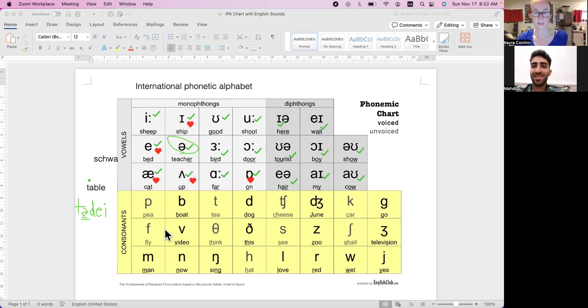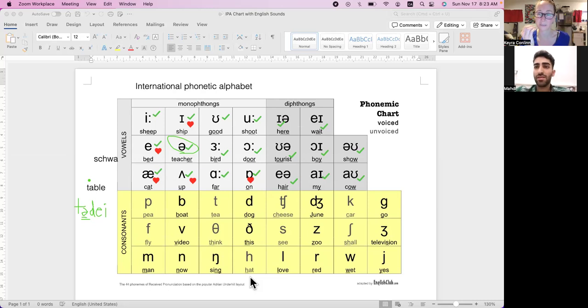Okay. Next, we have the consonant sounds. One thing that connects all the vowels is that there's no use of the lips or the teeth. There's no touching of the tongue. It's all open. It's about how open your mouth is and where in your mouth your tongue is.